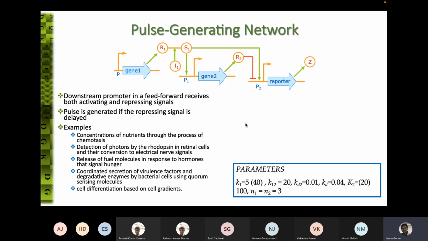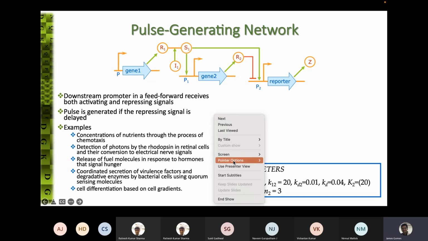When R2 gets synthesized, it goes and attaches to promoter site P2, I'm talking about the previous slide, and then that gives you Z, right? That's what we were doing, so what you would see is R2 going up and Z going down.